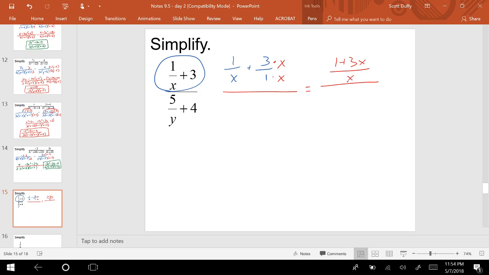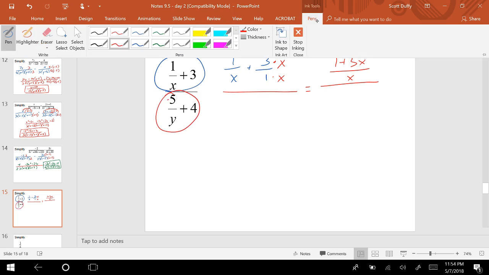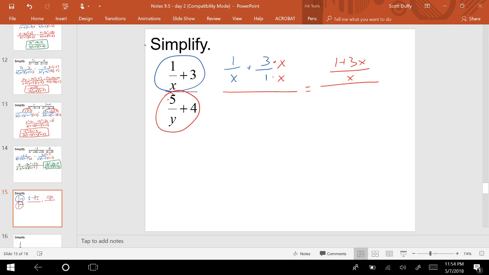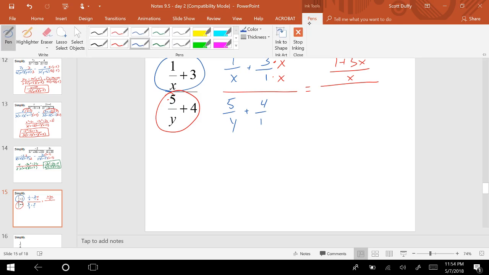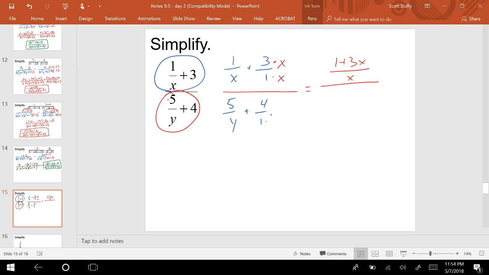Now I'm going to do the same thing with the bottom. Five over y plus 4 over 1. What does the denominator on the left have that the denominator on the right doesn't? It has a y, so multiply both the top and the bottom by y.